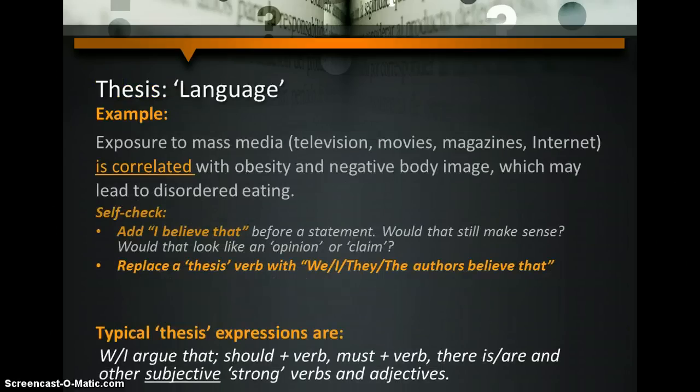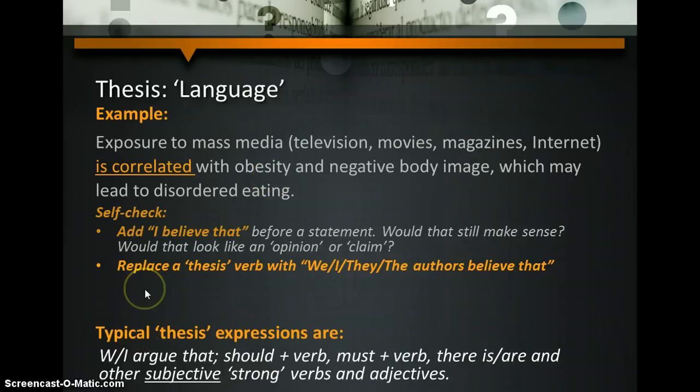So how do we identify the language? Well, first of all, we're looking for verbs that show us that there's a relationship between more than one thing. Exposure to mass media is correlated with, in other words, there's a relationship between mass media and obesity.